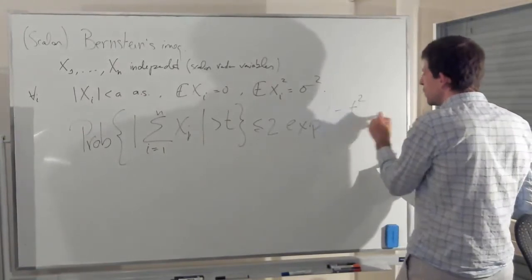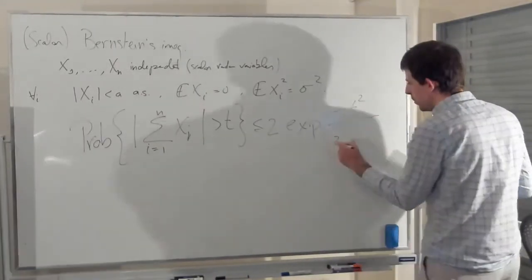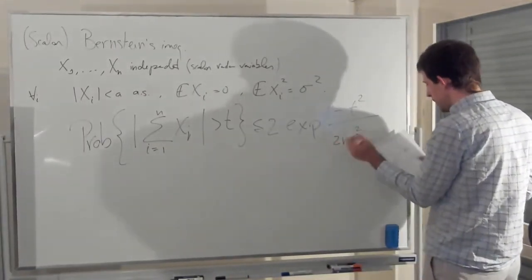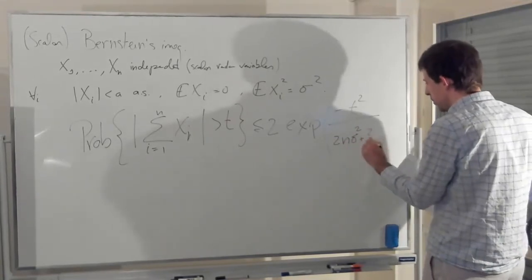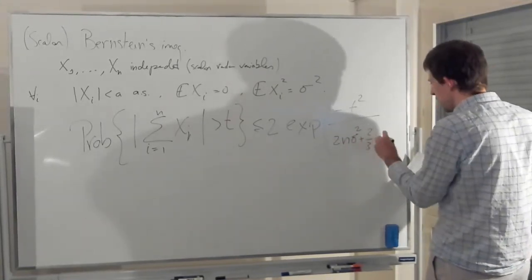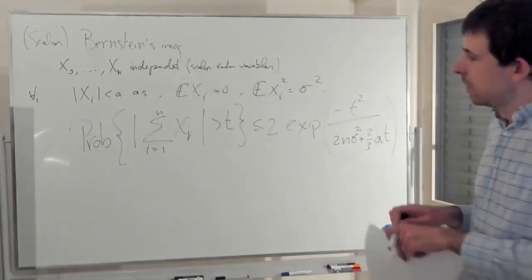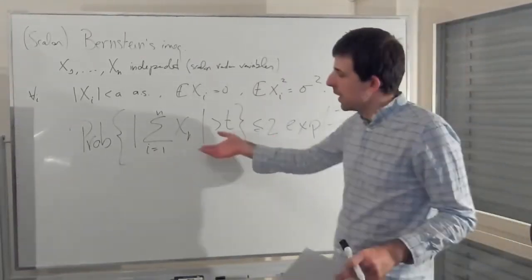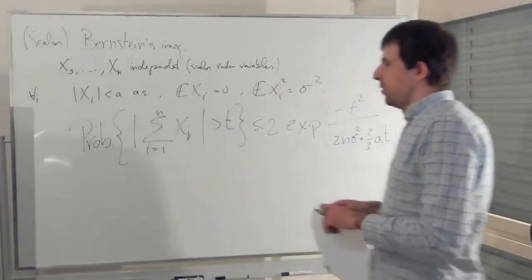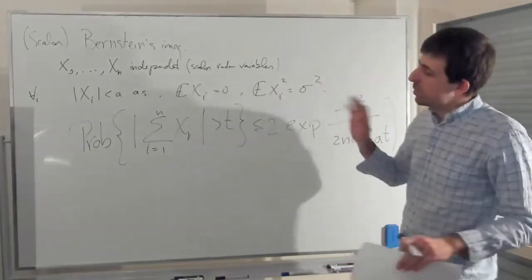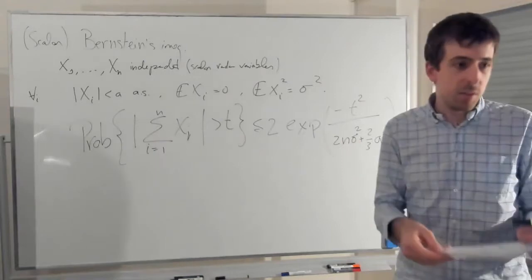This is exactly what we saw a few weeks ago. We had a control on the tail of sums of random variables, and we're going to show exactly the same thing for matrices.